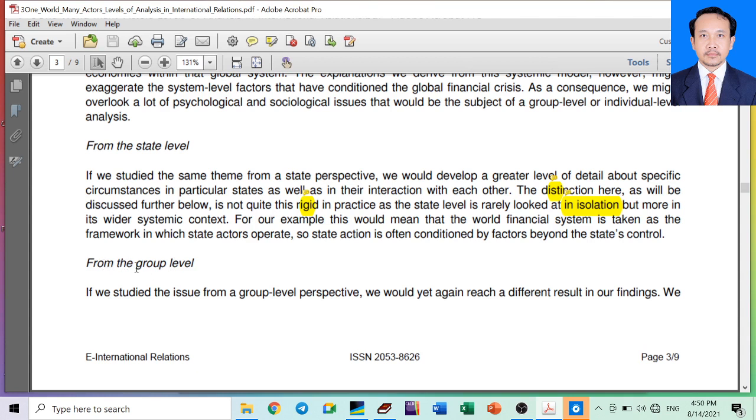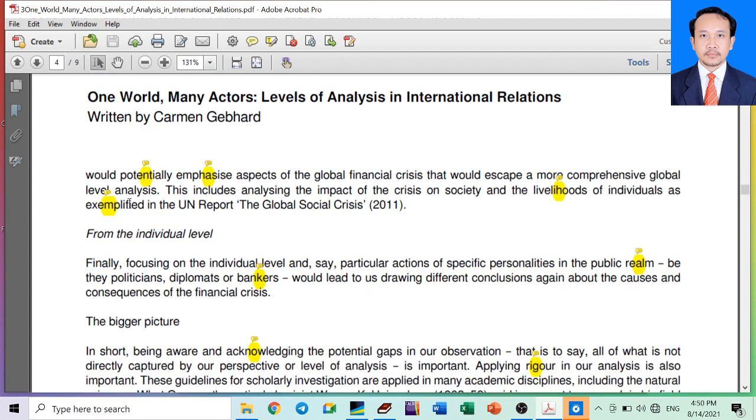From the group level, if we study the issue from a group level perspective, we would yet again reach a different result in the findings. In our findings, we would potentially emphasize aspects of the global financial crisis.